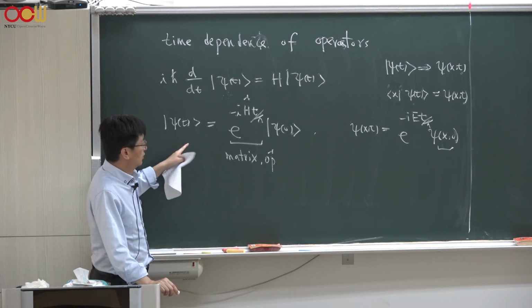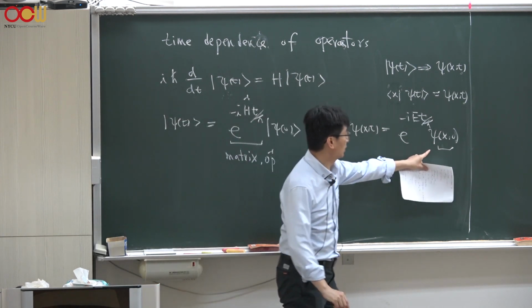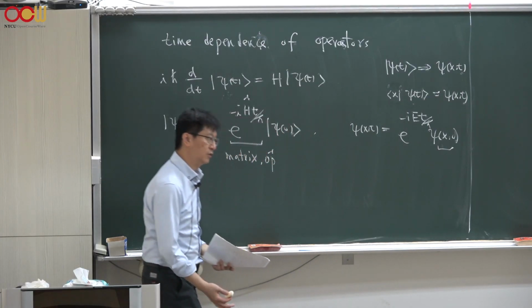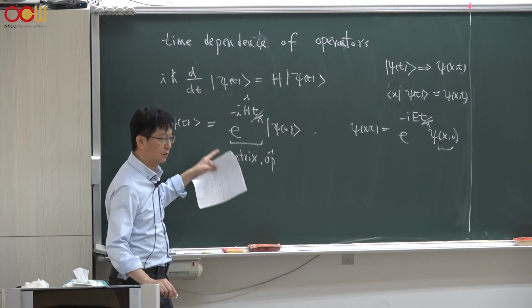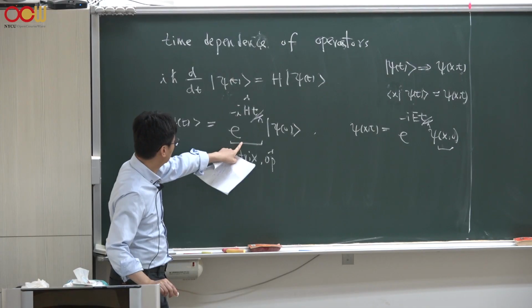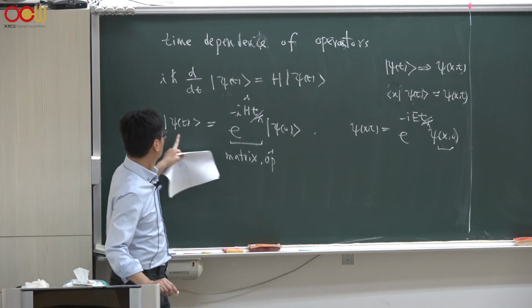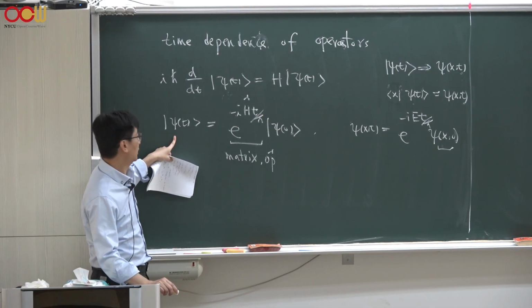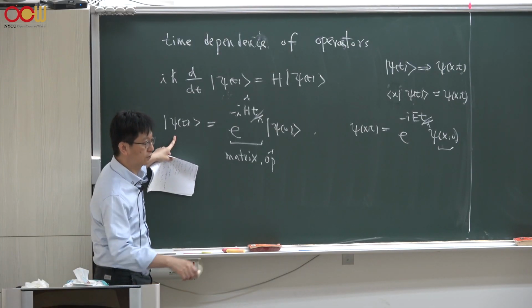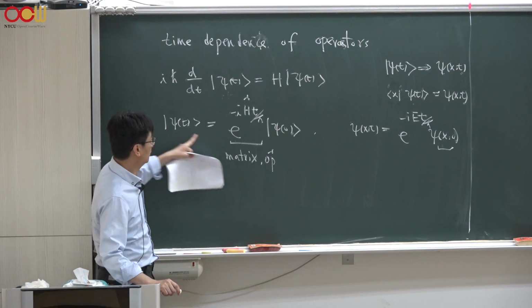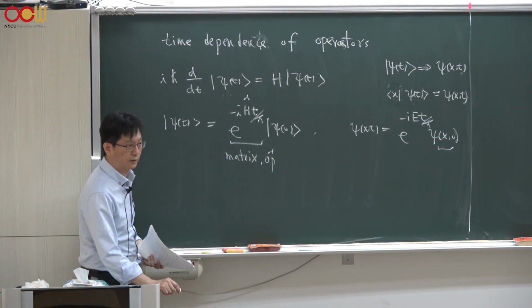So now this time evolution of the Schrödinger wave function in the Dirac notation becomes an operator operation, because this is the exponential operator acting on a Dirac ket, which gives another Dirac ket, and this Dirac ket is the time evolved quantum state starting from this initial Dirac ket.